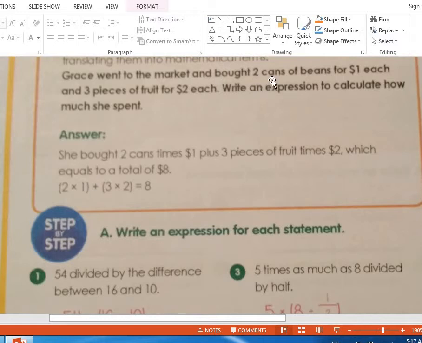Focus here. 2 cans of beans for 1, so it will be 2 times $1. 2 times 1 plus what? What did she pay? 3 pieces of fruit. 3 times 2, which is dollars. So she bought 2 times 1 plus 3 times 2. She paid here $8.